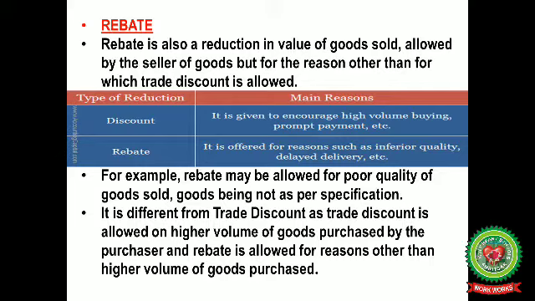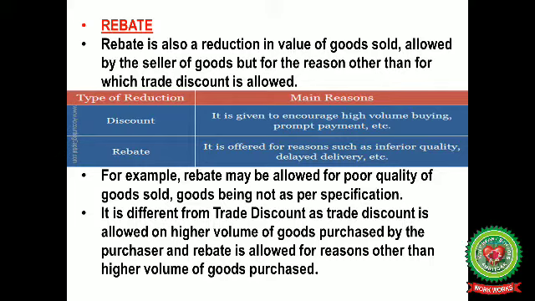So here rebate is a reduction in the value of goods sold allowed by the seller of goods, but for a reason other than for which trade discount is allowed. First of all, discount is given to encourage high volume buying, prompt payment and so on.